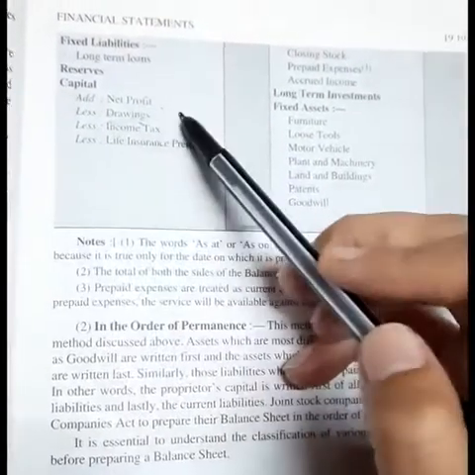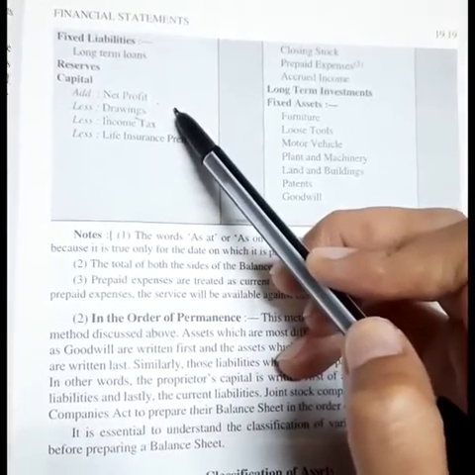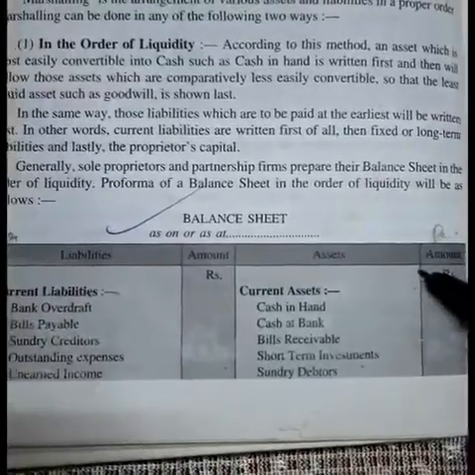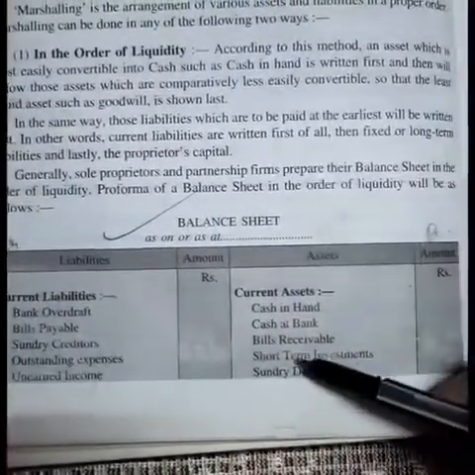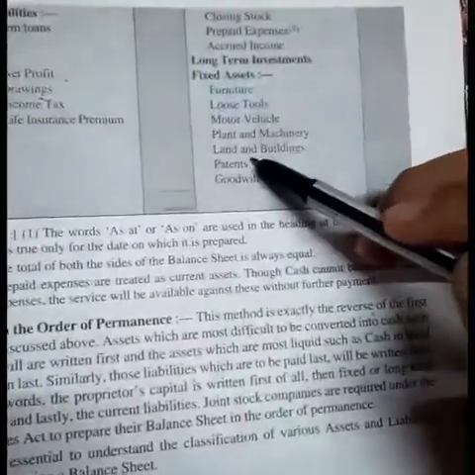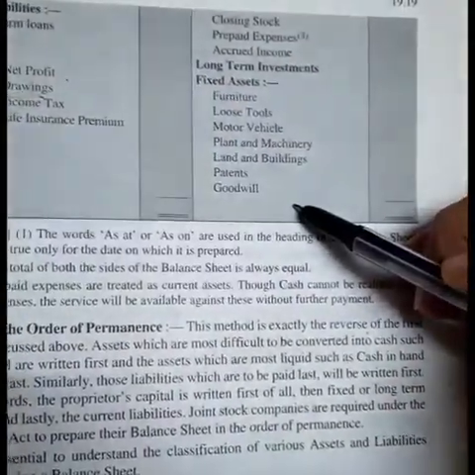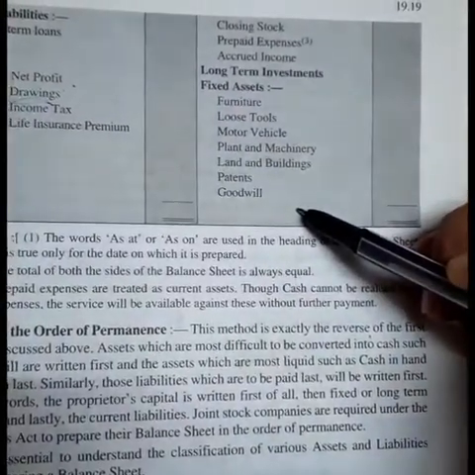All this is shown on the credit side, which is the liability side, and then we come to the asset side, which is cash in hand, cash at bank, short-term investment, furniture, loose tools, land and buildings. All these are the assets of a business.